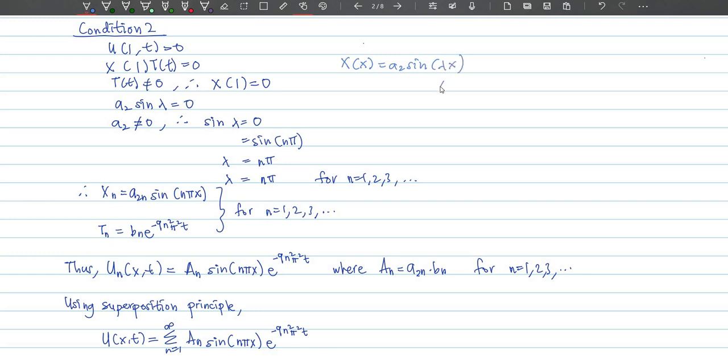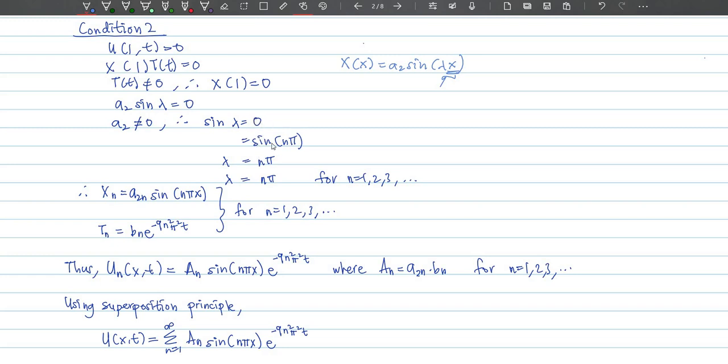So we have A2 sin lambda equal to 0. A2 does not equal 0, because if A2 equals 0 it will be a trivial solution and we won't have any solution. Therefore sin lambda equals 0.